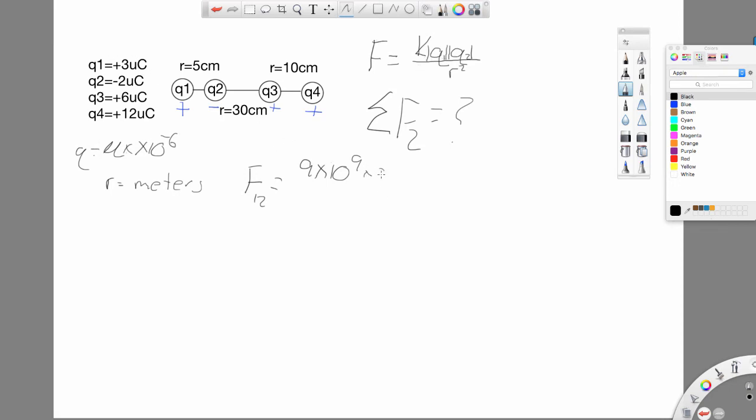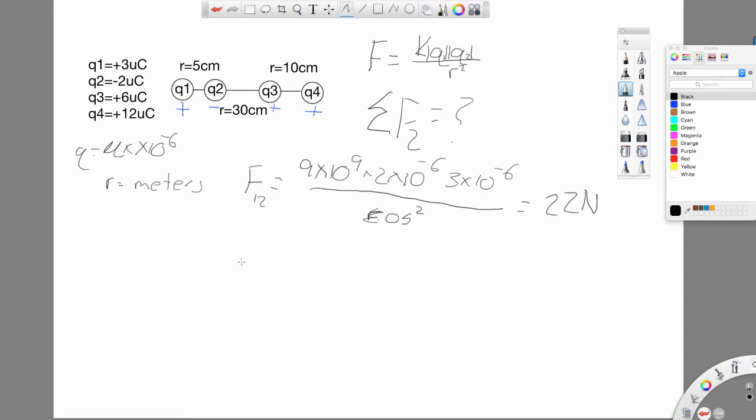And we multiply 2 times 10 to the negative 6 and 3 times 10 to the negative 6, all over the radius of 0.05 meters squared. And that's going to give me 22 newtons of force. We're not concerned with direction yet. We'll get to that in a minute.